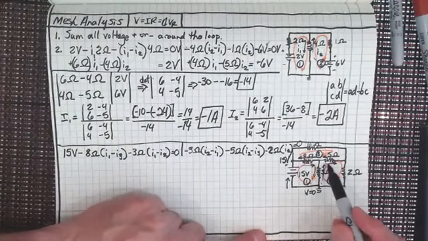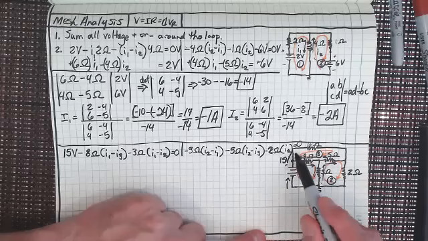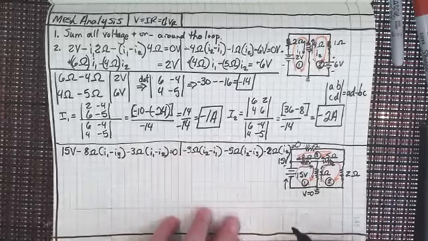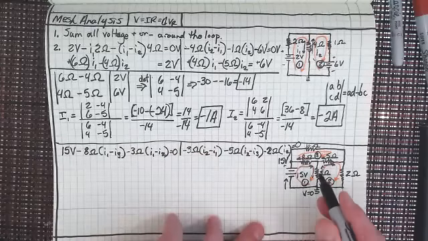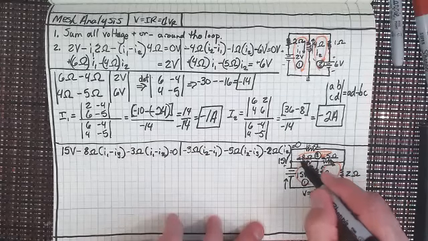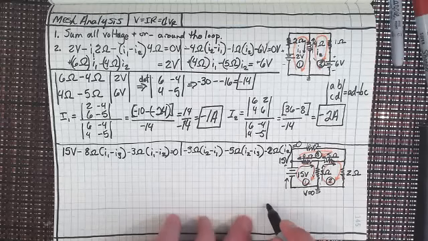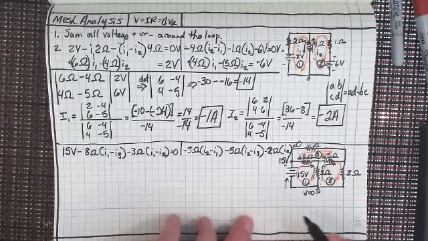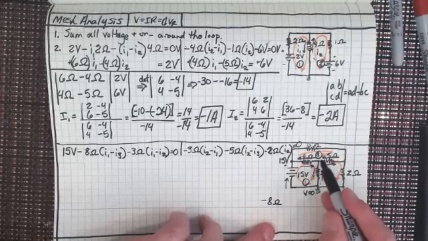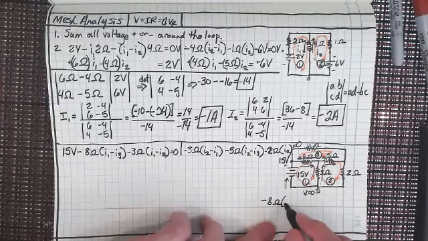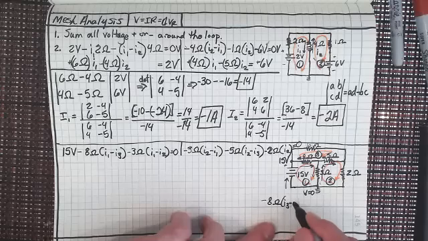Well, the third one is very similar to 2. We don't really have a voltage source in there at all, but we do have things that are falling. So I'll start out right here. So that would be minus 8 ohms, right? And then times I3 minus I1.